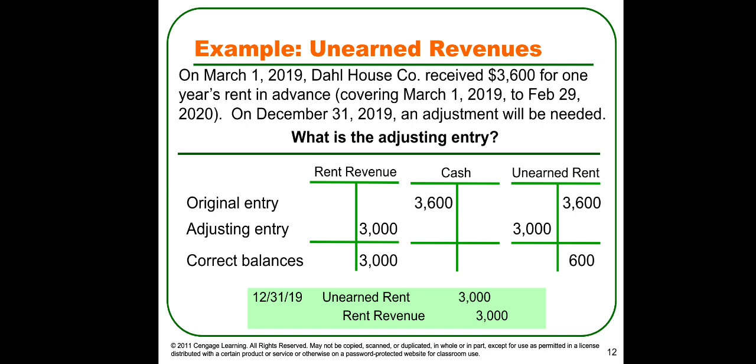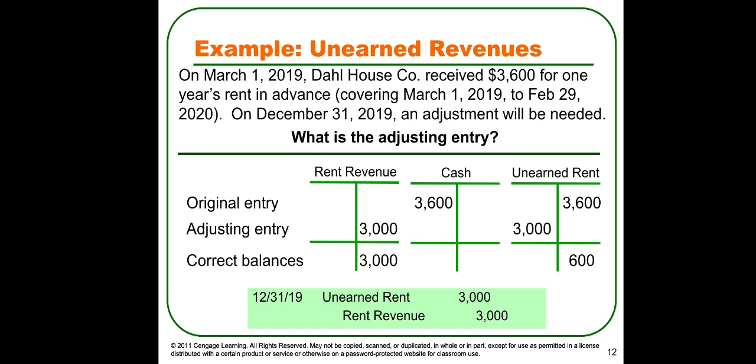When a liability account increases, you credit. When the liability account decreases, you debit. In this situation, the liability has decreased: $3,000 of liability has decreased to become revenue.